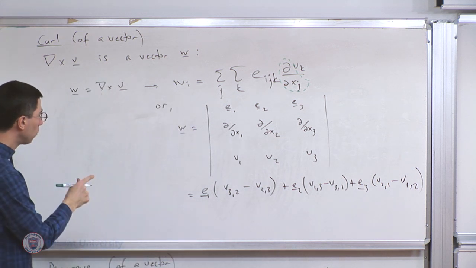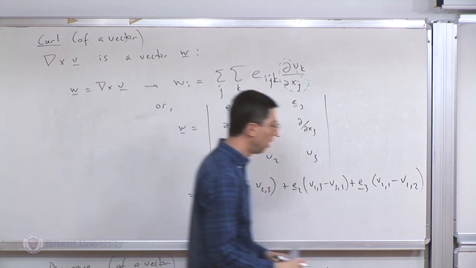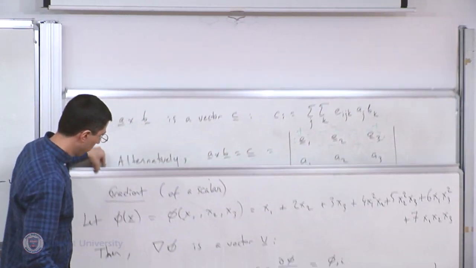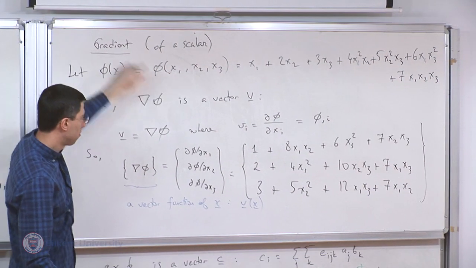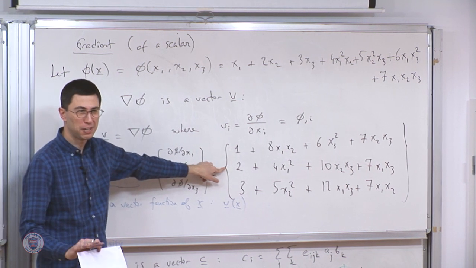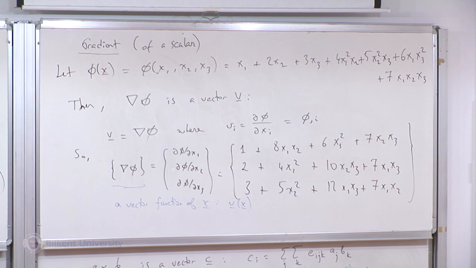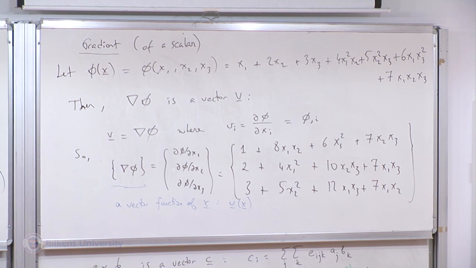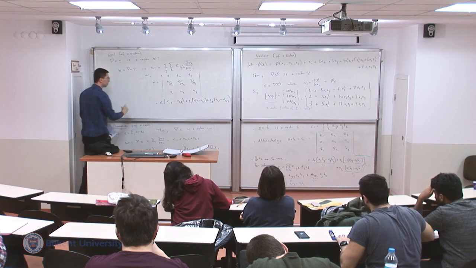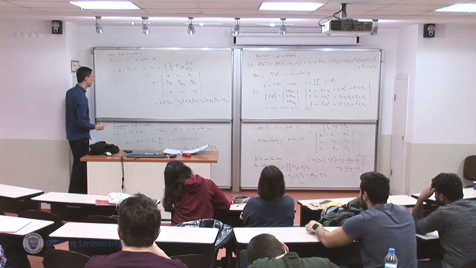So now I will take the curl of this vector, okay? Just so we have one example, right? And I want to squeeze it in here because I have the expression over there.